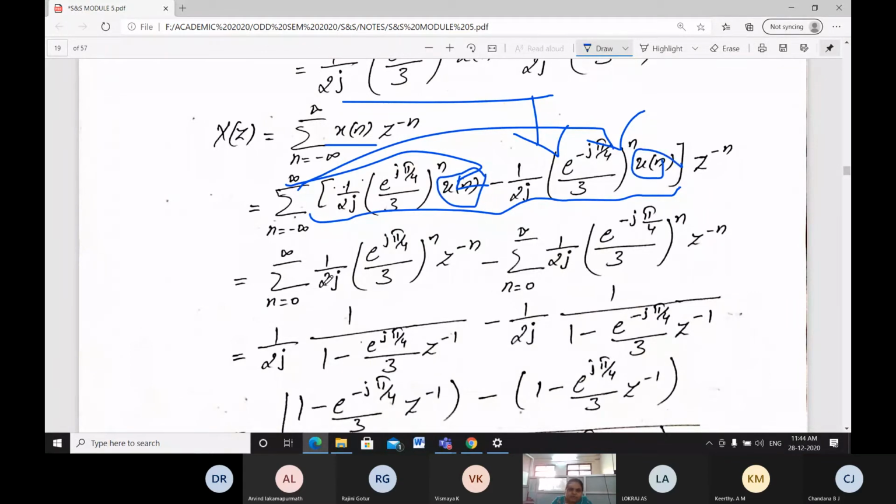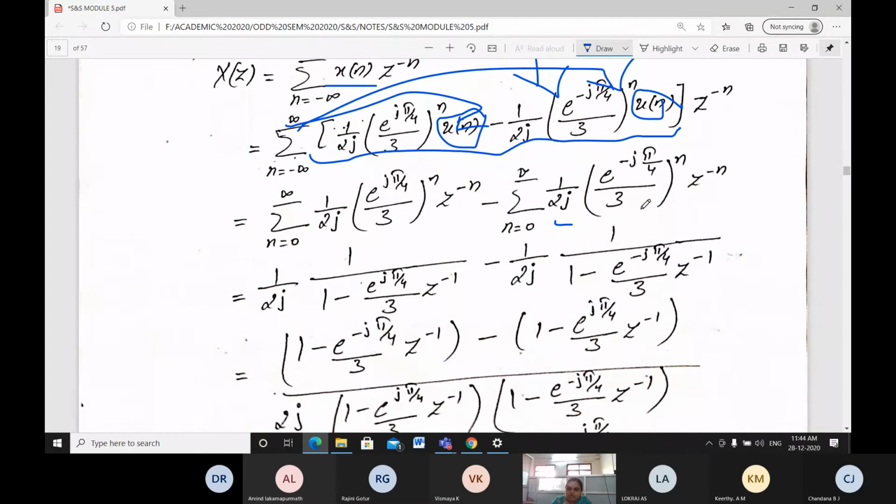Directly it is written here: 1 by 2j e power j pi by 4 divided by 3 power n z raised to minus n, minus summation n varying from 0 to infinity 1 divided by 2j e raised to minus j pi by 4 by 3 whole n into z raised to minus n.